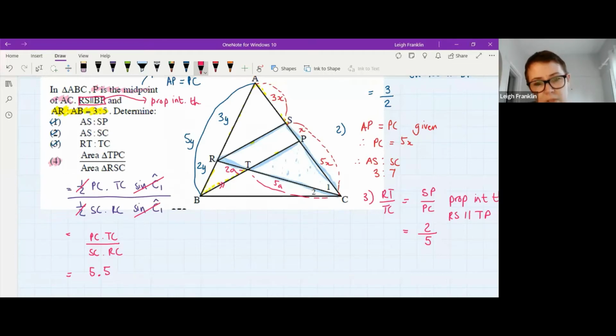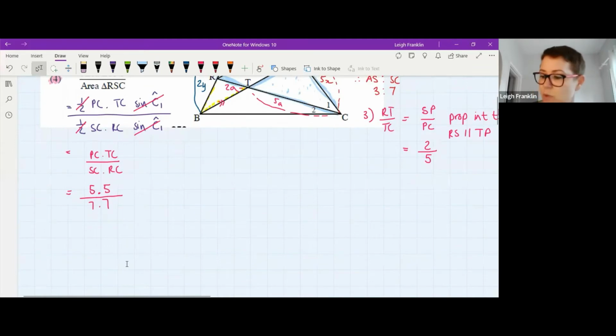This over here would be 2a if we decided that that side was a. So it would be 5 times 5 over SC is 7. Exactly, and RC is also 7. So that would be 7 times 7. That gives us 5 times 5 is 25 over 7 times 7 is 49.